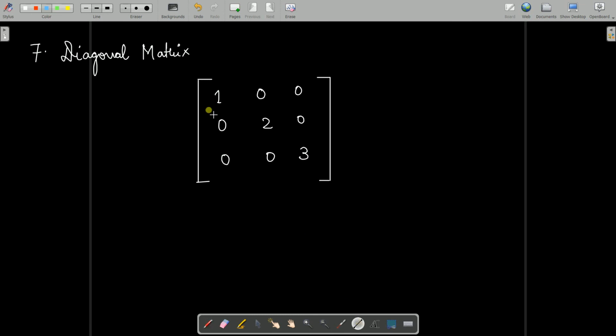So if you see the principal diagonal, this is my principal diagonal. So if all the elements apart from this principal diagonal are all 0, rest all elements except these elements are all 0, I will call that matrix to be a diagonal matrix.